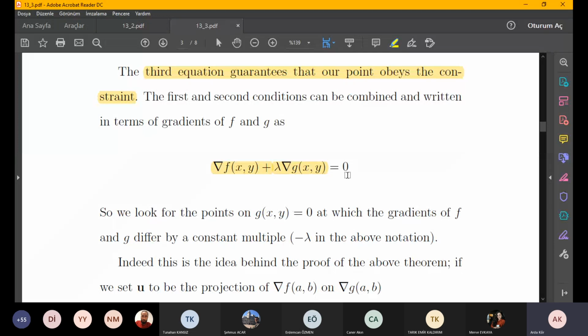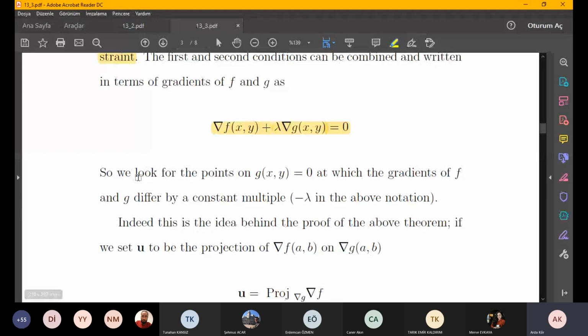So we will look for the points on the constraint function where g(x,y) equals 0, at which the gradients of f and g differ by a constant multiple, which is minus lambda in the above notation, because we can write the gradient of f equals minus lambda times the gradient of g(x,y) from that equation.